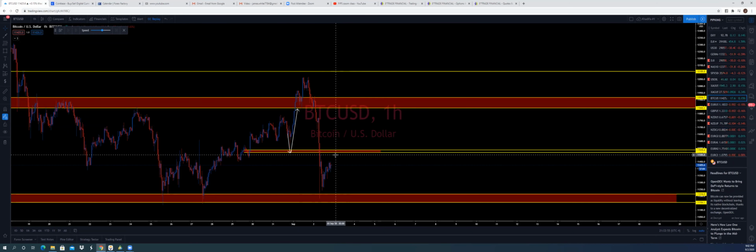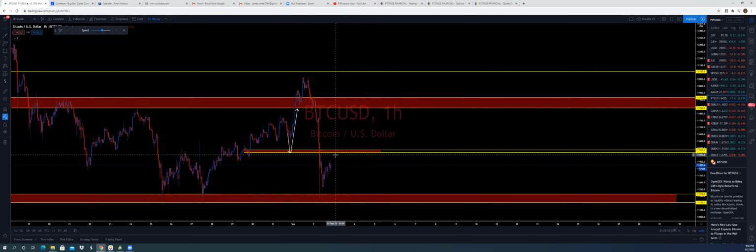Looking at silver. Silver did hit our take profit. We got our take profit off of silver. We wanted to see it come up here for a take profit, but as we can see, we had a sell off. So now, similar to Bitcoin, I want to see what silver does with this structure right here.